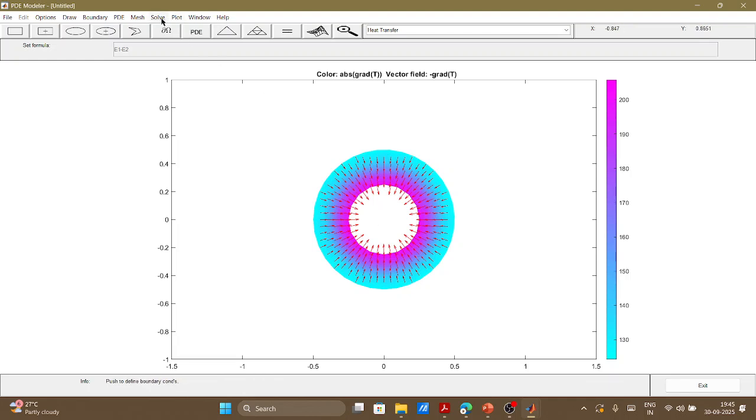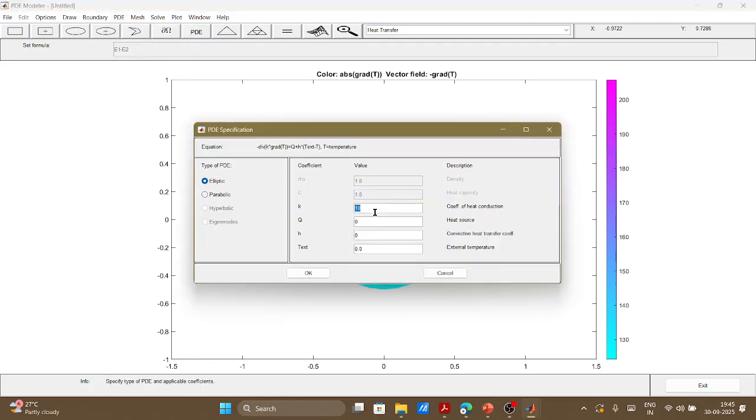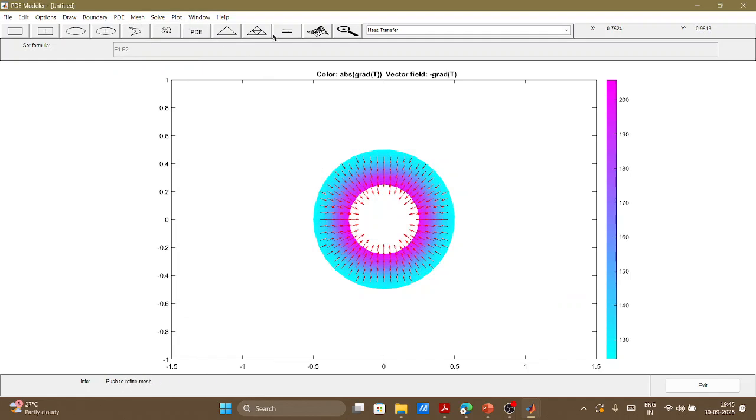For the one value, I think it was low. In the PDE specification, let's say 0.5, I keep it half and solve it. No, actually the gradient is not much affected, sorry. Anyway, my point was that you can also simulate such a scenario, right?